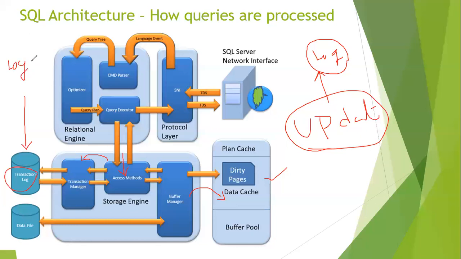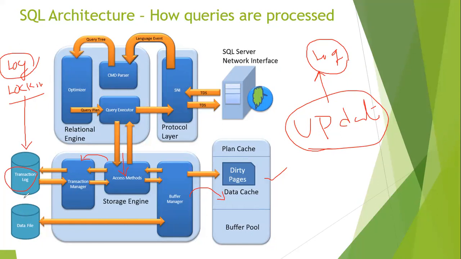We have two components, the log manager and the transaction manager. The log manager will log the transaction which we are going to perform. It will write into the transaction log file first, before even updating the data pages in memory.